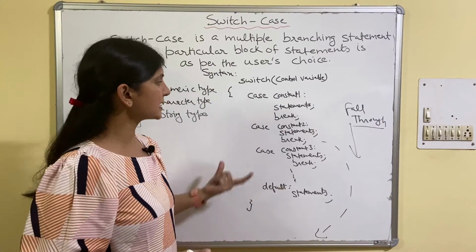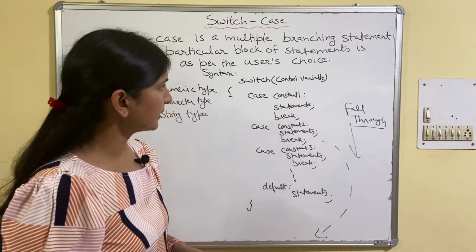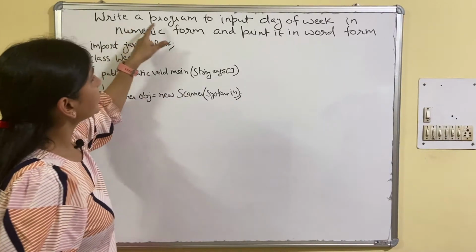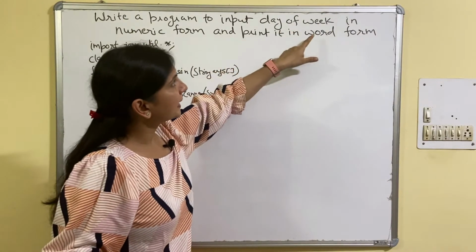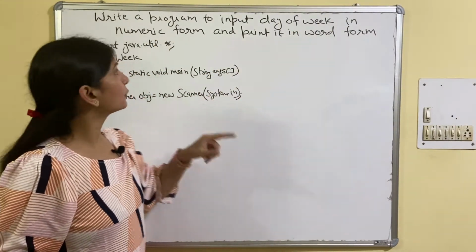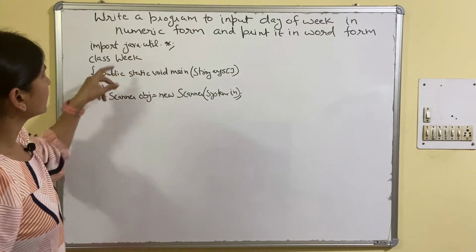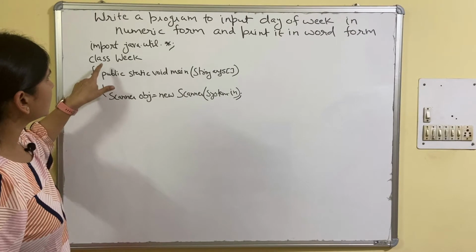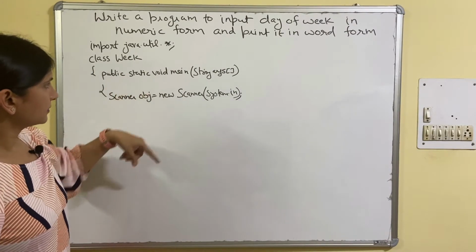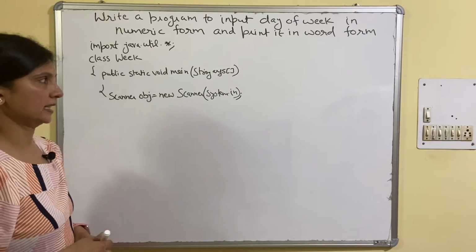Now we will understand this with a program. So we will make a simple program first. Program is: write a program to input day of week in numeric form and print it in word form. So first import java.util.*, or you can use the Scanner class over here. Class we have taken Week, then main function, then we have created the object of Scanner class.